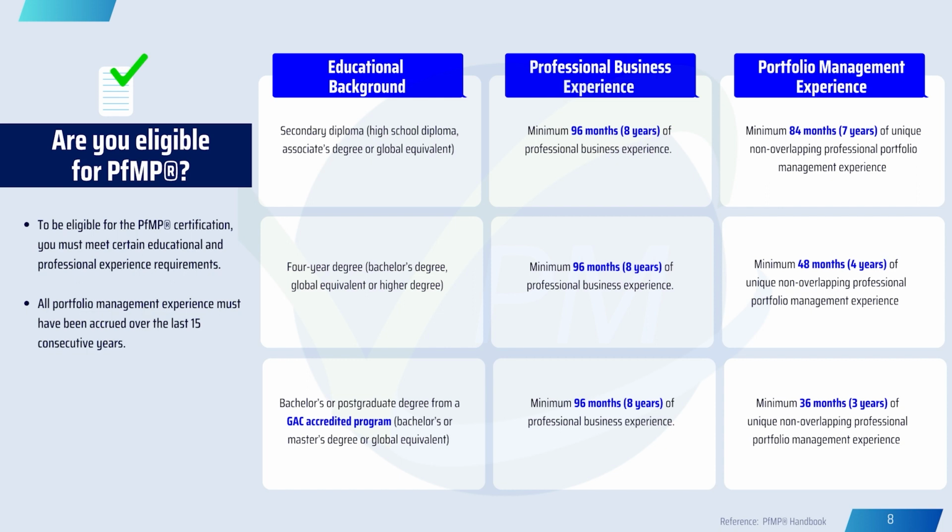By the way, business experience covers anything you have done as project, program, portfolio management, even a business analyst role, or any work which can be counted. That's what PMI is looking for: 8 years of working experience, and 4 years of portfolio manager experience, or 8 years of portfolio manager experience in case you don't have the 4-year degree, or sometimes a 3-year degree as well.